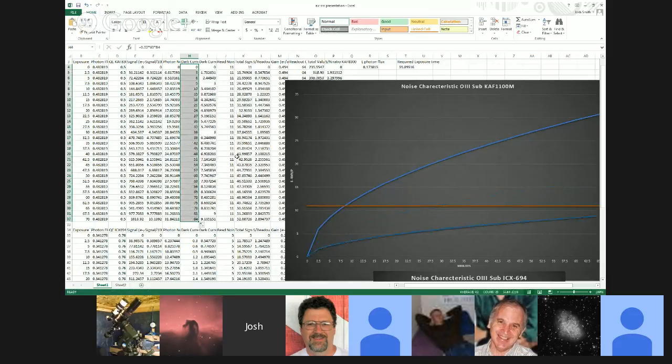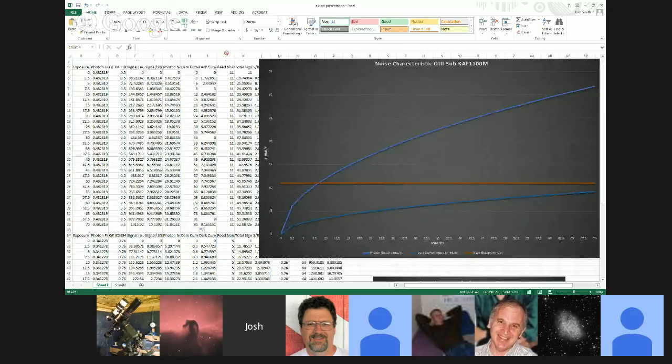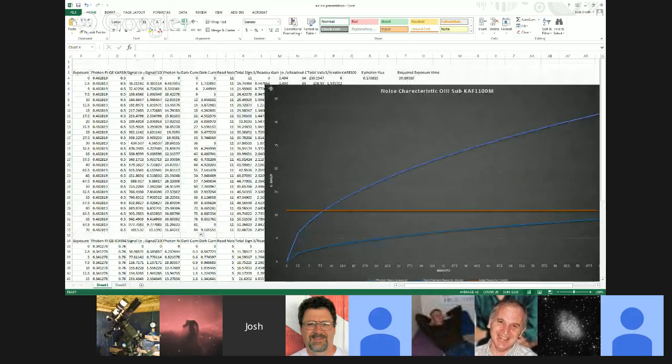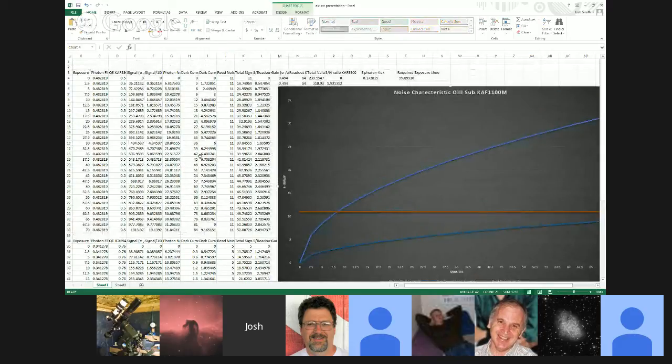So that's about what you're looking at: if you can use the STXL at 1100 at -40, then it has similar dark current characteristics as the 8300 at -10, it seems. So yeah, that's pretty cool.